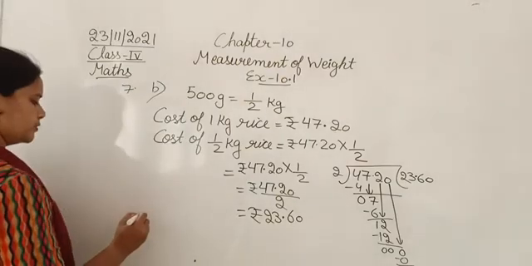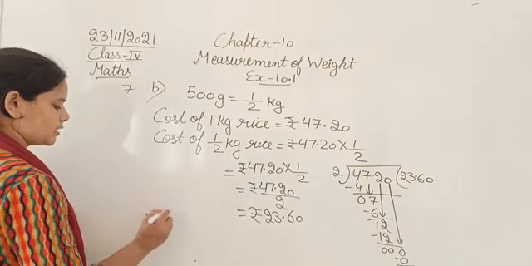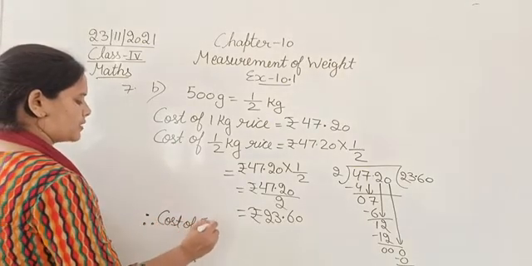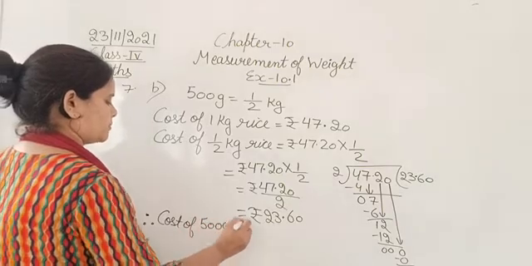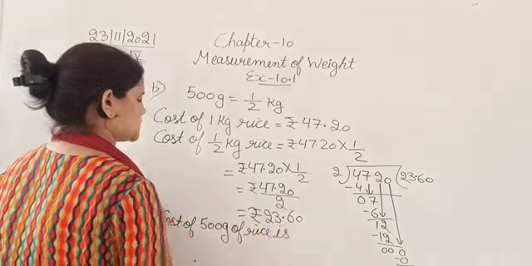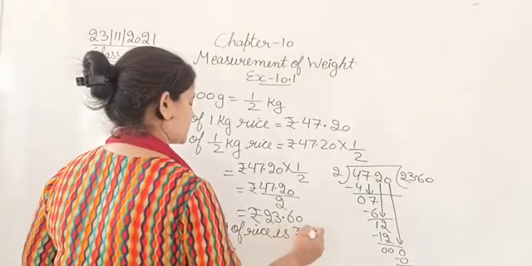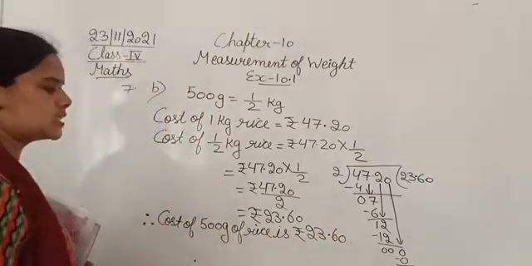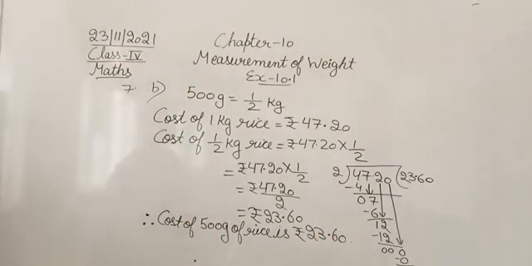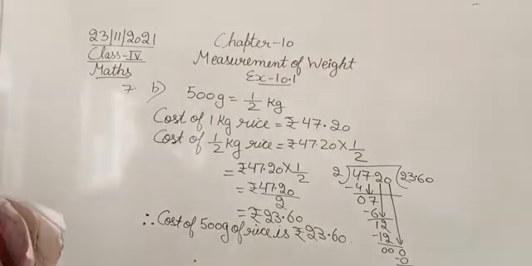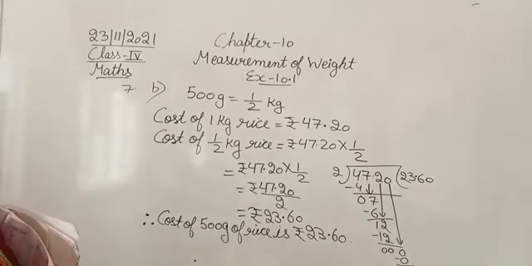Write down, therefore, the cost of 500 gram of rice is 23 rupees and 60 paisa. And this is the solution for the B part of question number 7.